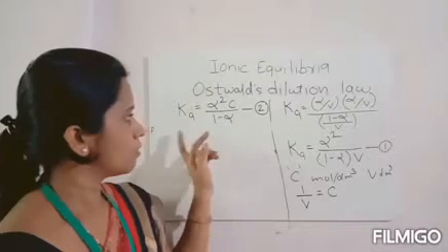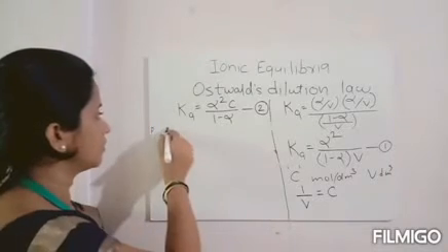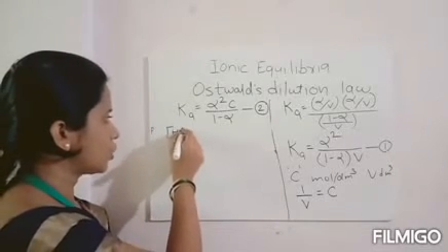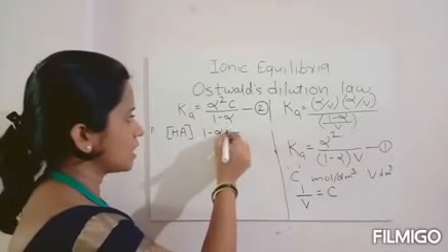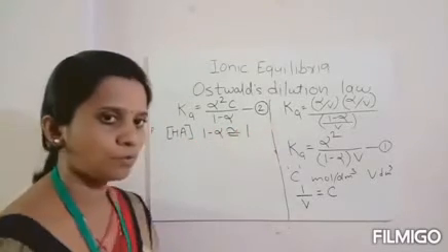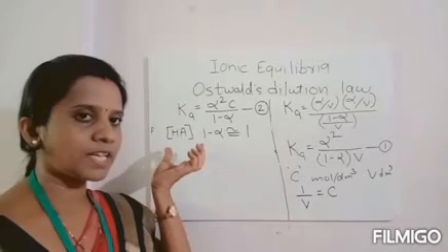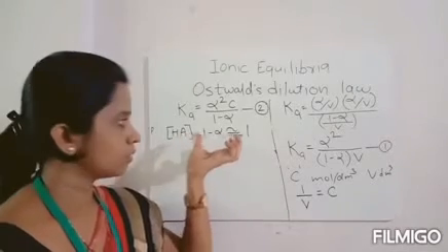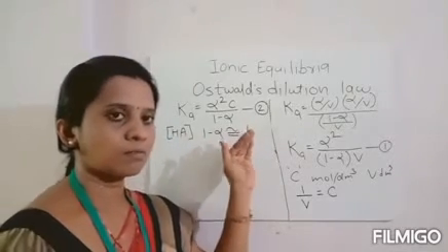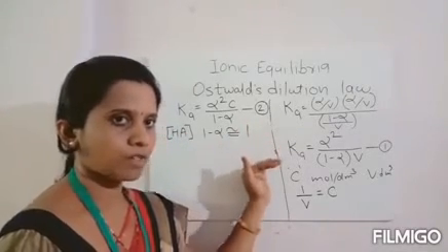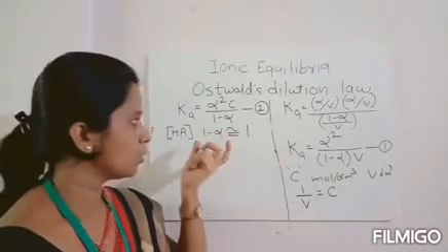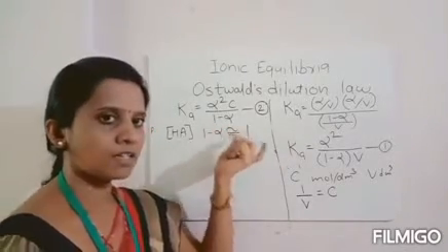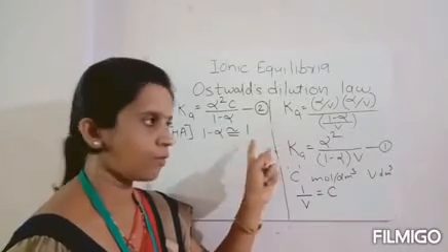Now for a weak acid HA, 1 minus alpha is approximately equal to 1, because there is partial dissociation, so the degree of dissociation alpha is very low and 1 minus alpha is almost taken as 1.